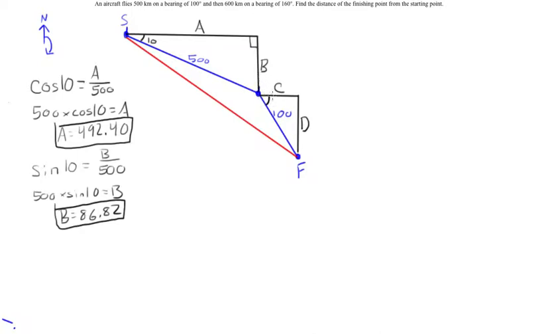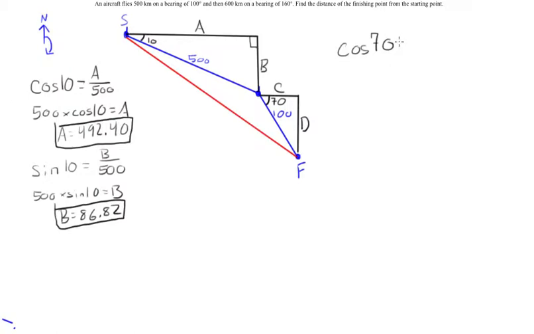Well, if you look at these two sides, they do make a right triangle because I'm going due north and due east. So if that's 90 degrees, and this whole angle bearing is 160 degrees, this small angle must be 70. So if I'm looking for side C, which is the adjacent side, again I'm going to do cosine.